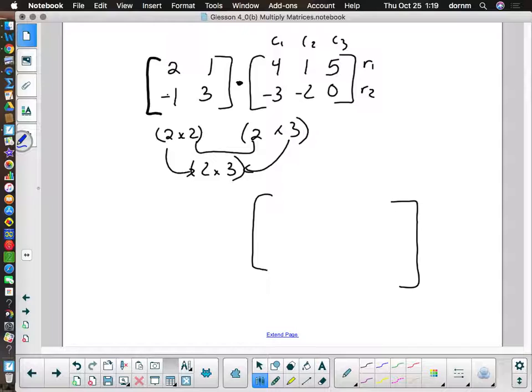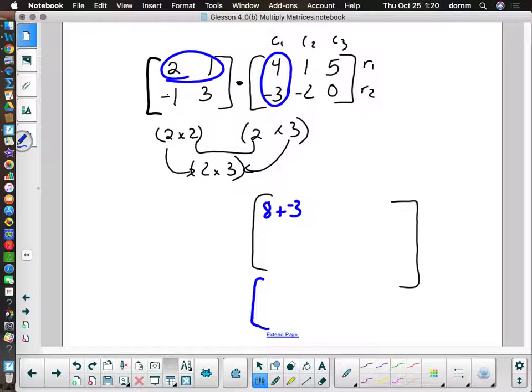I'll get us started. Sorry, I just circled column 1. Silly me. Row 1 times column 1. Okay, so we're going to take 2 times 4 is 8, plus 1 times negative 3 is negative 3.